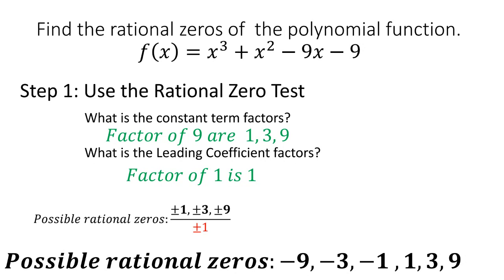So in our case, this is a test. We can either get a zero or not get a zero. And we can see also that this function should have at most 3 zeros, and the test gave us an option of 6 zeros. We're not going to have this many. So again, it's just a test, to find or discover the possible zeros.